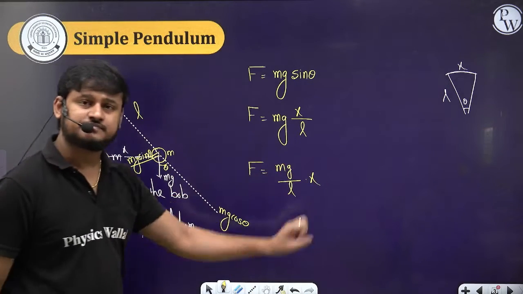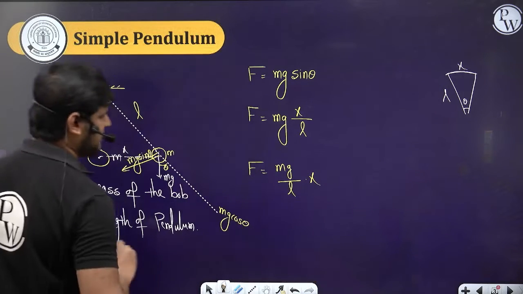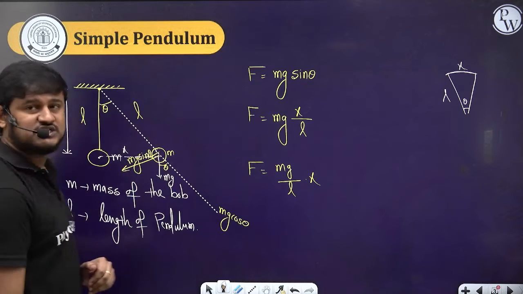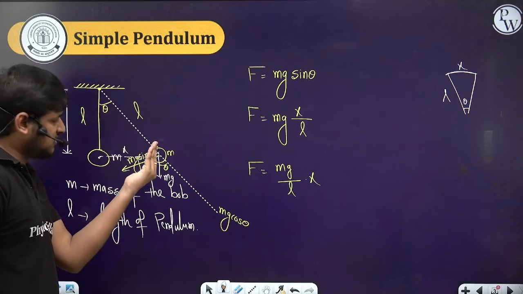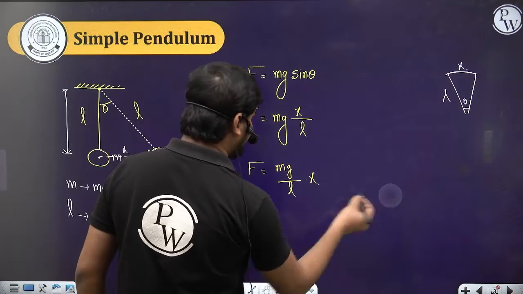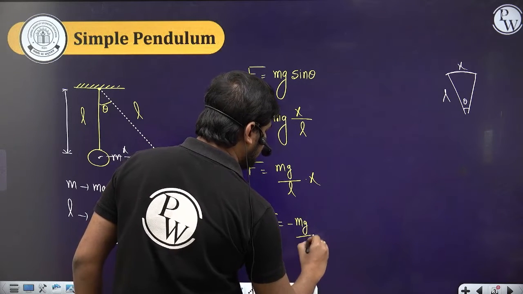Understood this part? Now, as the displacement is to the right side and the restoring force is to the left side, I can represent this force as F is equal to minus mg by L into x.